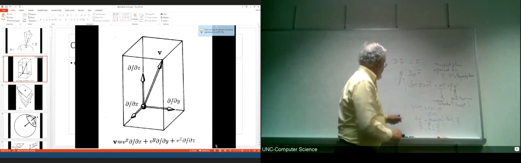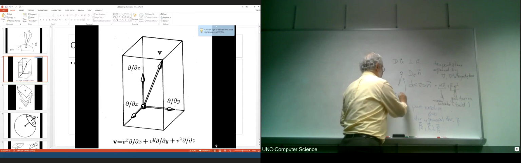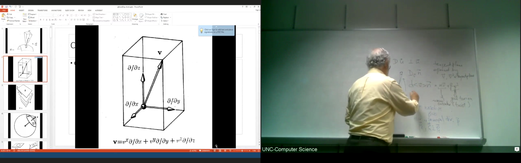So what we're saying is if we walk in any of the principal directions and we look at the normal, what we will have is something of the form alpha P1.